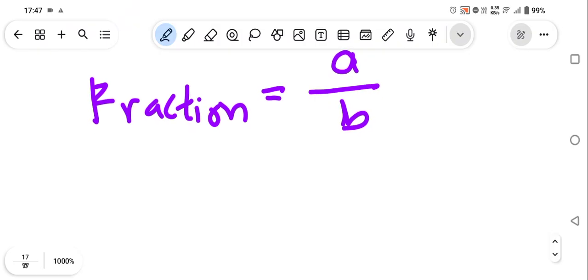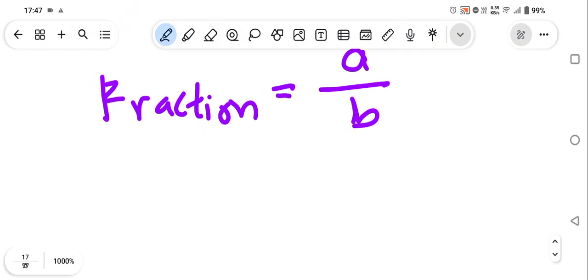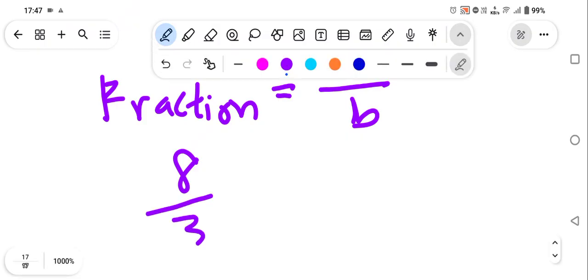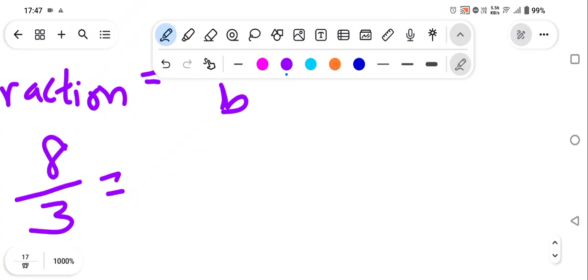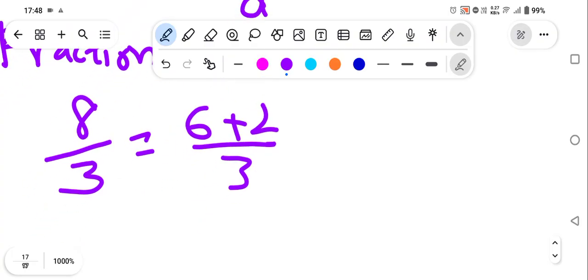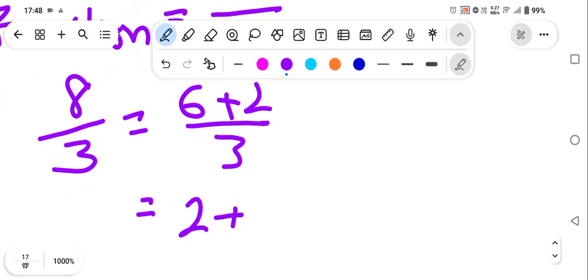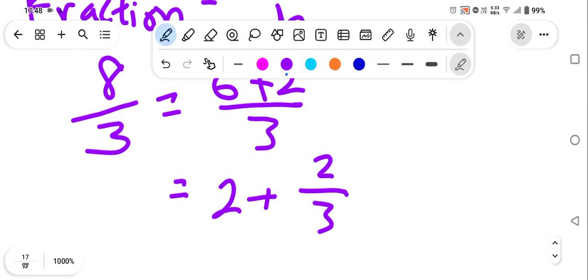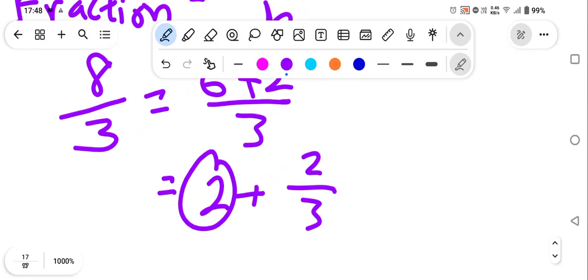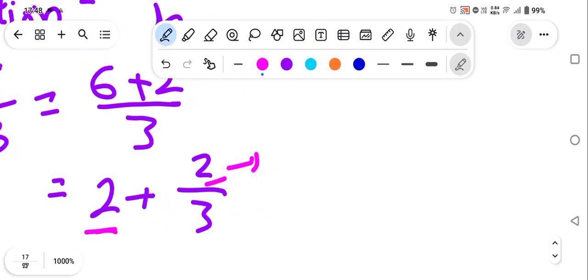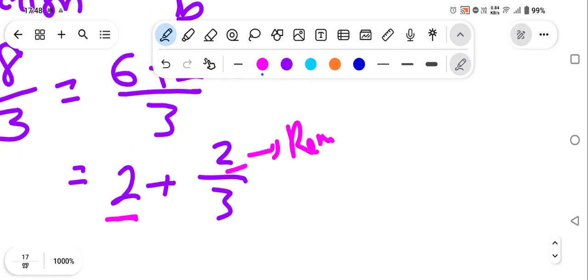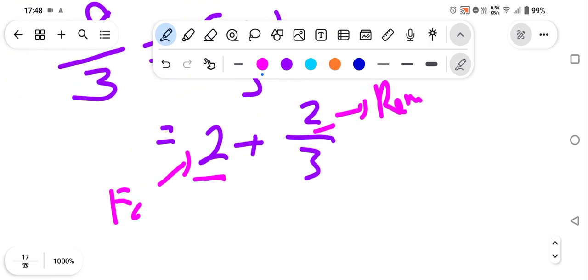For example, we have 8 over 3, which is 6 plus 2 over 3, and in this case 2 plus 2 over 3. So this is the factor, and this is the remainder. This 2 is the remainder, and this is the factor.